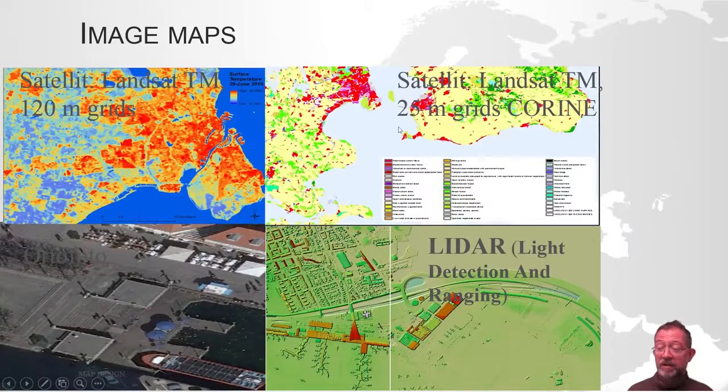So this one, although it's basically the same data set and comes from the same satellite, is an interpretation, and these objects are symbolic representations, while in the other three cases we might say that there are no symbolic representations. They are just a computer-based transformation of digital values to colors.